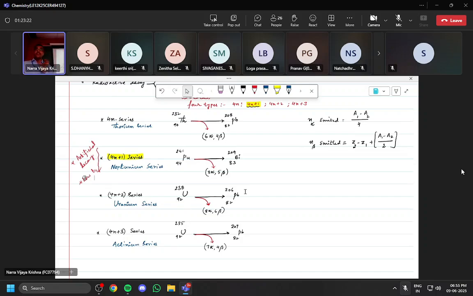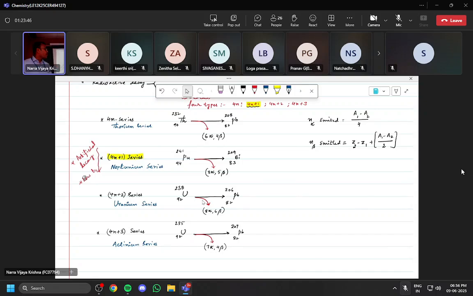So we call that gaseous emanation. What do you mean by gaseous emanation? It means during radioactive decay, if radon gas is emitted, we call it gaseous emanation.